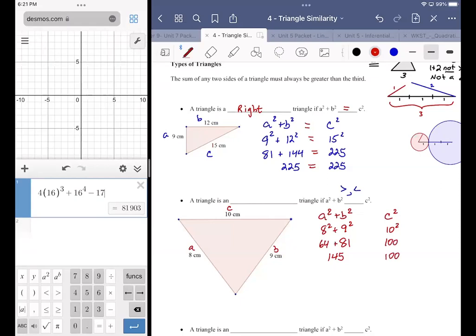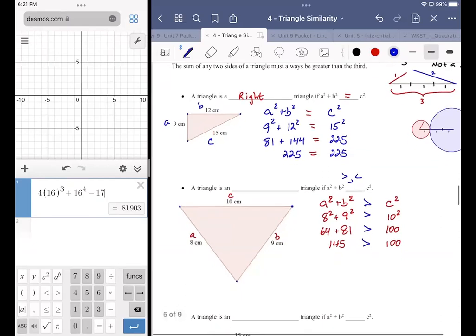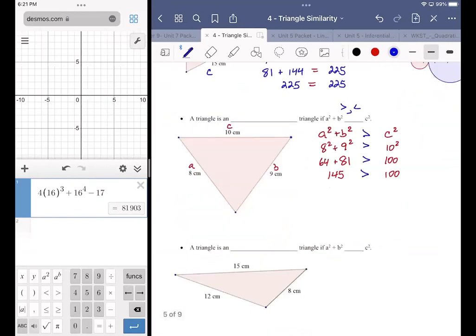So we have a relationship where a squared plus b squared is greater than c squared. All right, and so that would be an acute triangle. Acute as in less than 90 degrees. A triangle is acute if a squared plus b squared is greater than c squared.